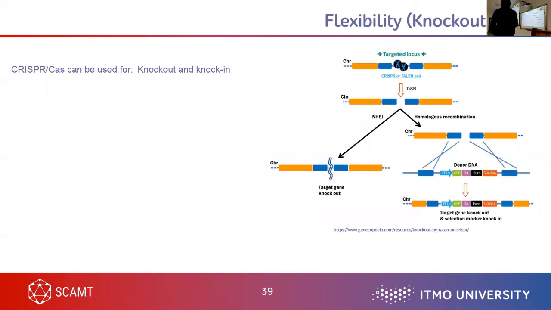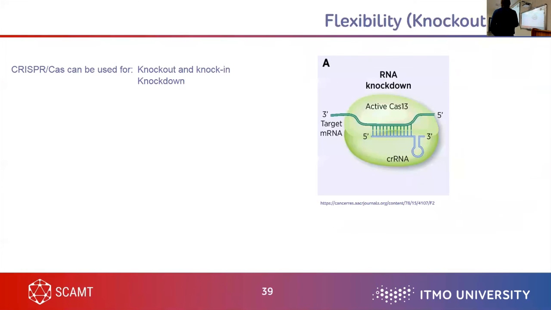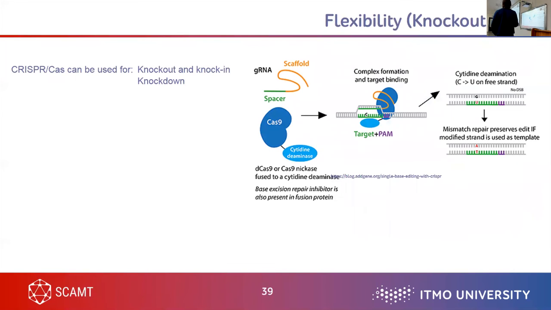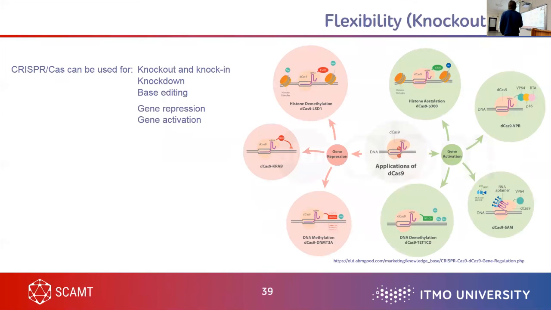So CRISPR-Cas also can be used for knockout and knock-in, and can be used also for knockdown. There's CRISPR-Cas13, it was mentioned before. It can be used for base editing. So we can modify our CRISPR-Cas9 with a special enzyme that will change the genetic code of target DNA. Also, CRISPR-Cas may be used for gene repression or gene activation.